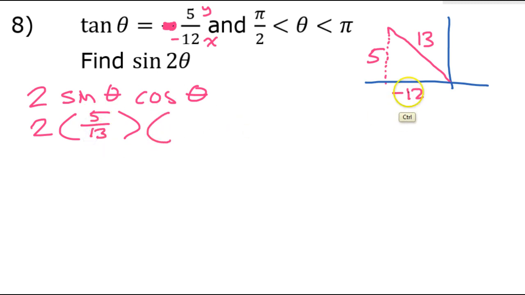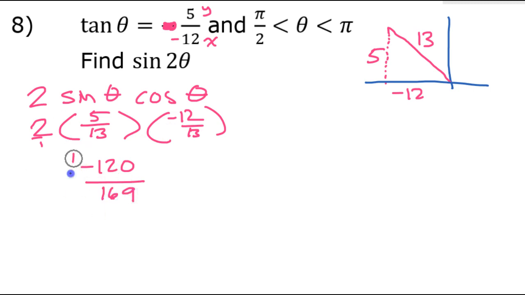And cosine is x over r, so that's negative 12 over 13. And this is like 2 over 1. Okay, so that's 10. So that's going to be negative 120 over 169. So that should be the final answer.